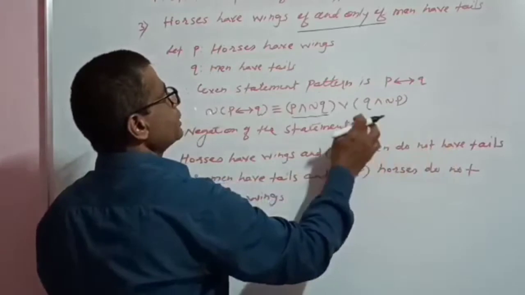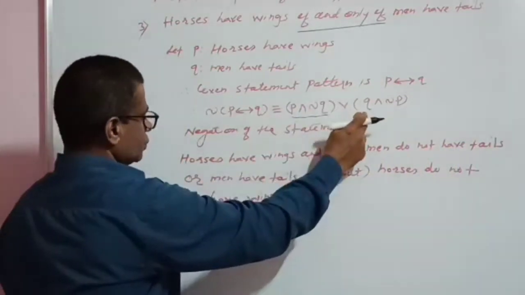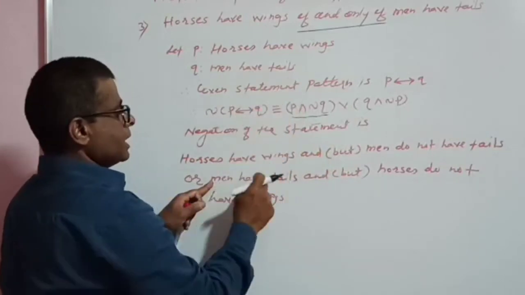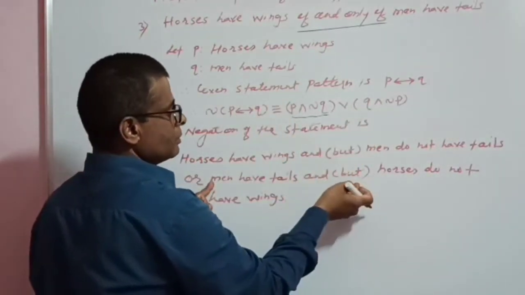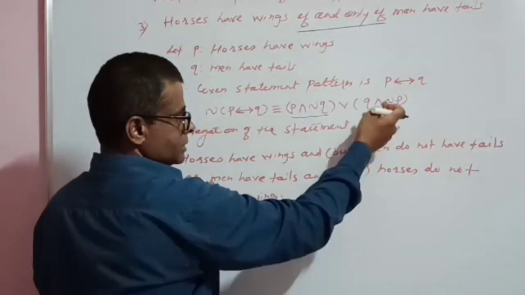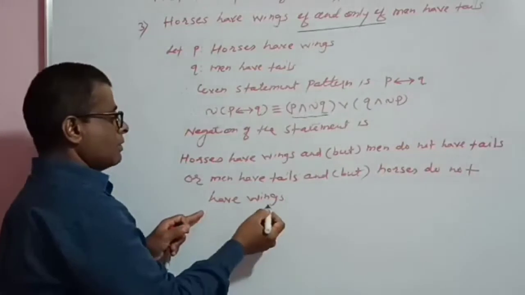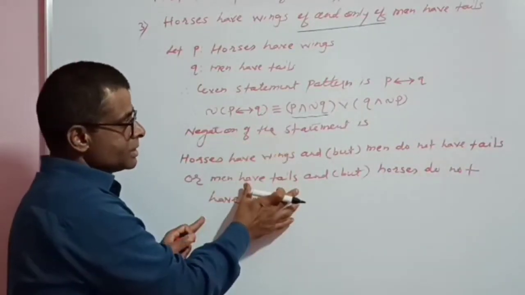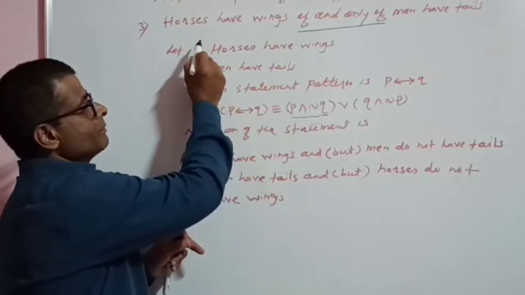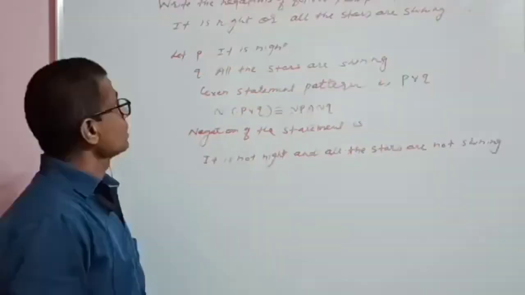Then disjunction, or, Q: men have tails, conjunction and, or you may use but, negation of P: horses do not have wings. So this is the negation of the given compound statement pattern.